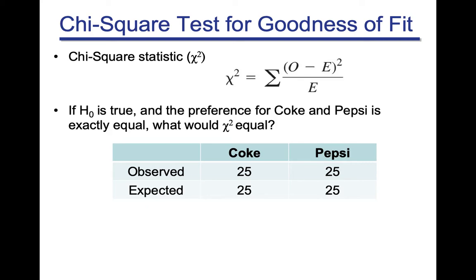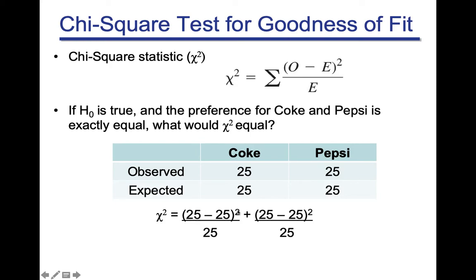So if the null hypothesis is perfectly true and we actually observe 25 people that like Coke and 25 people that like Pepsi, which is exactly equal to what we expect under the null hypothesis, what is that chi-square value going to be? Well, first we look at this cell in the design: we've got 25 people that we observed, 25 people that we expected. We take the difference between 25 and 25, which is 0.